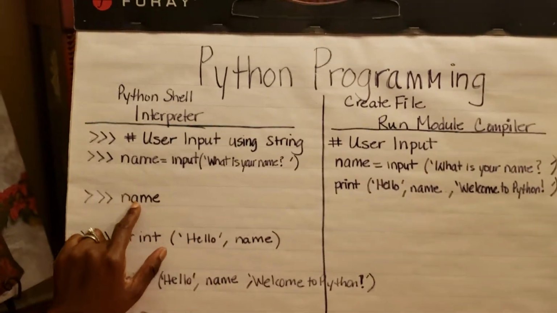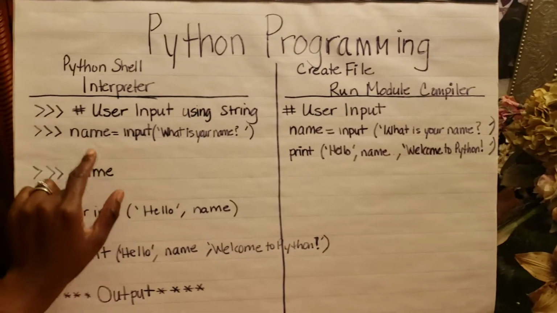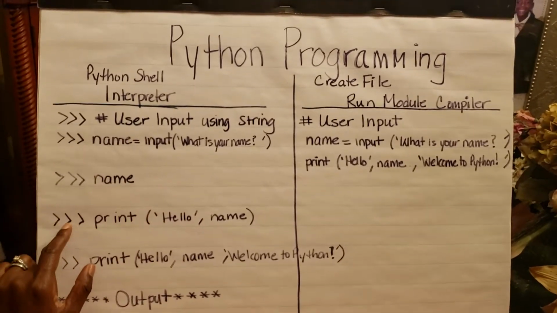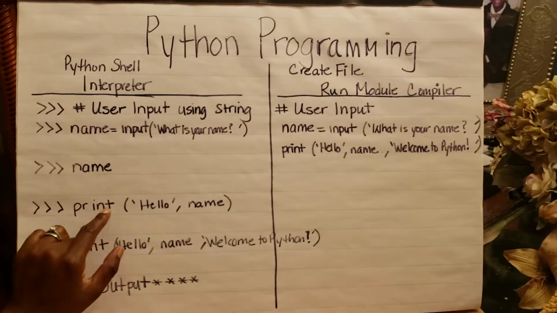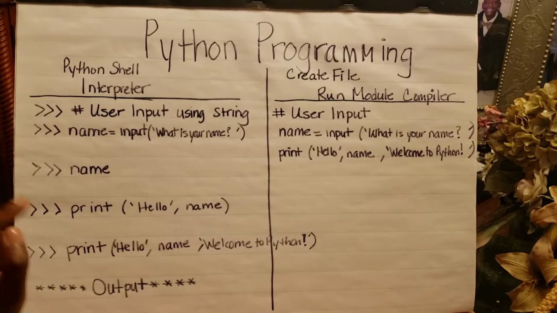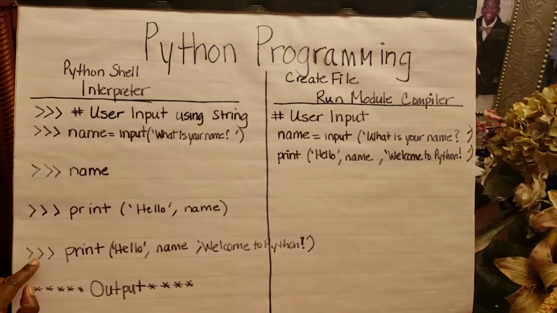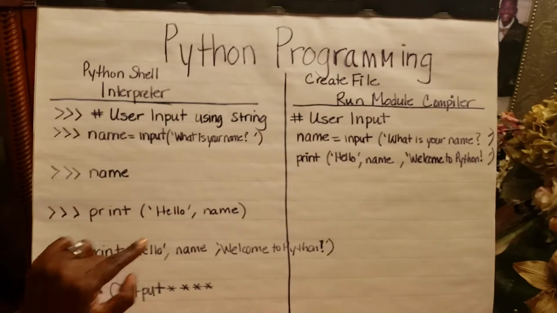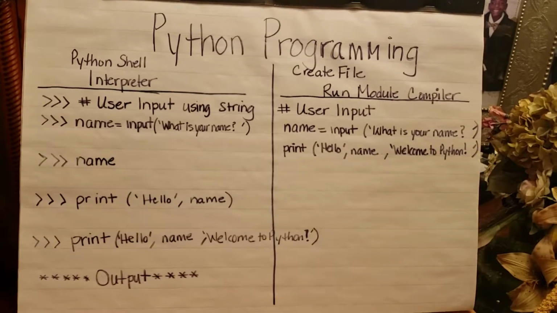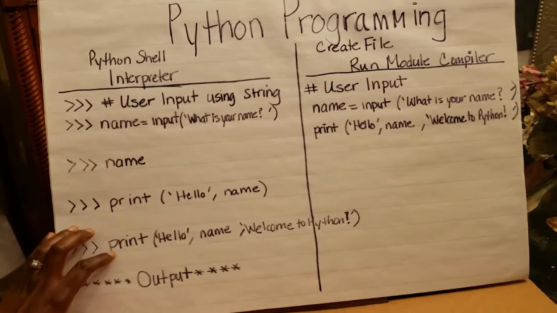Then I'm going to ask it to tell me what name you inputted, because that is the value of name now. And then I am going to also ask it to print hello, whatever name you entered. Welcome to Python. Okay? So I did all of this line by line.